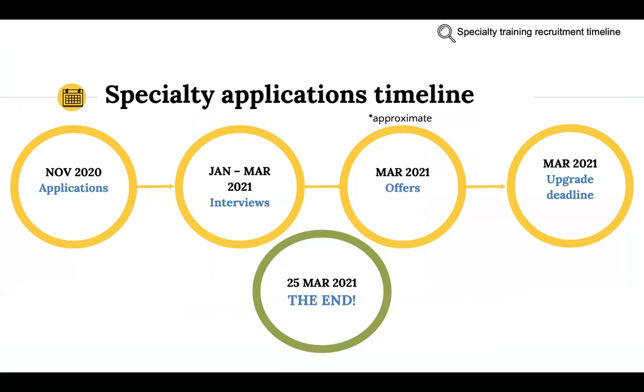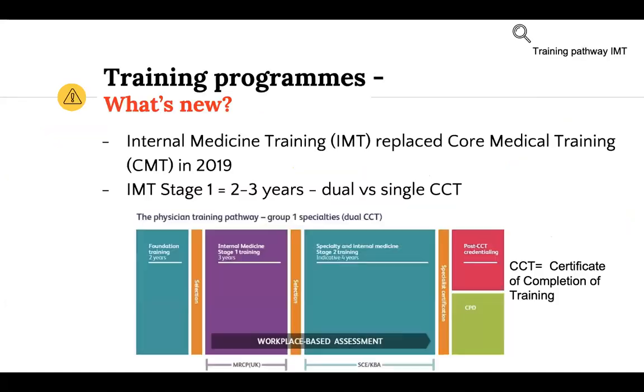In March, you generally get an offer, and then by the end of March, you need to either upgrade your hospital. So if you've been given a certain hospital and you would like a different one, you can also apply for that. And then it all ends on the 25th of March generally. Well, this is what it will end on, the 25th of March in 2021.